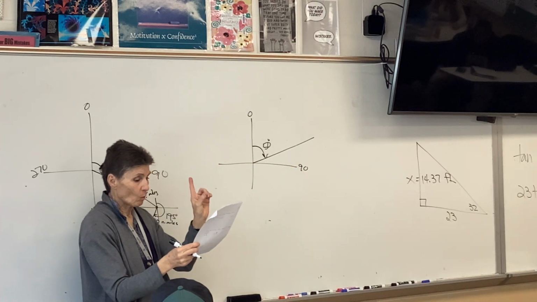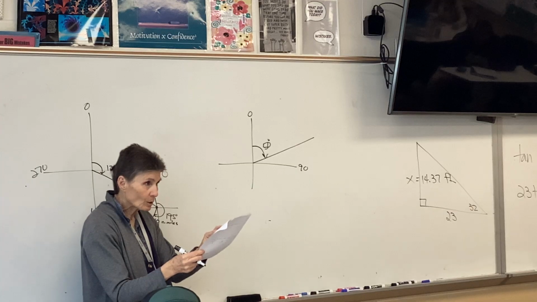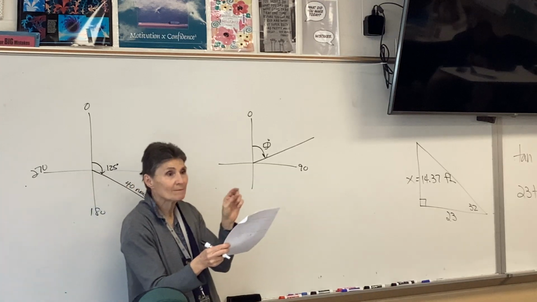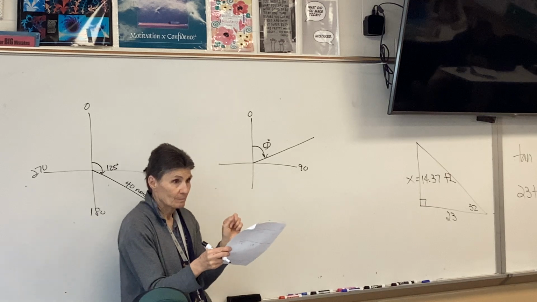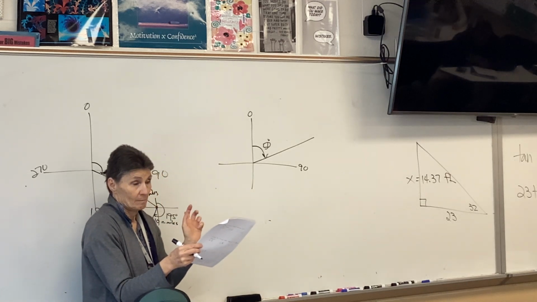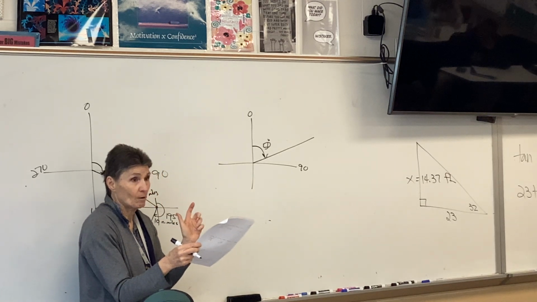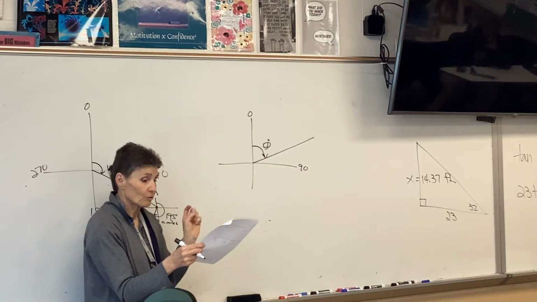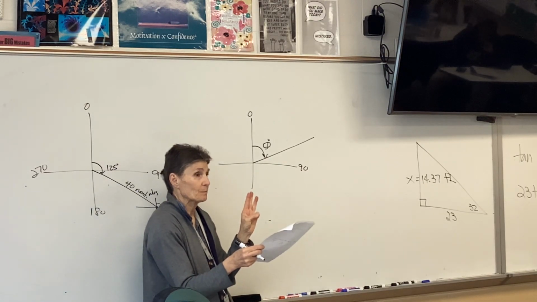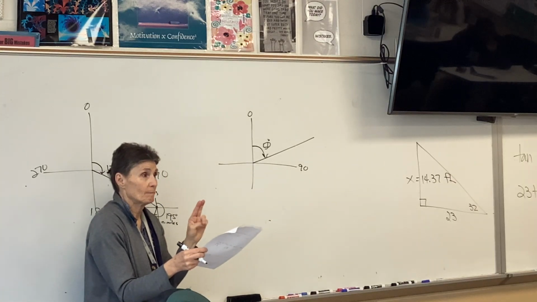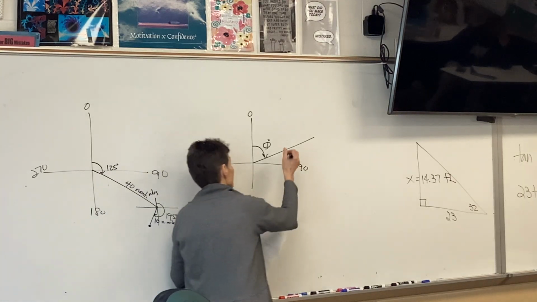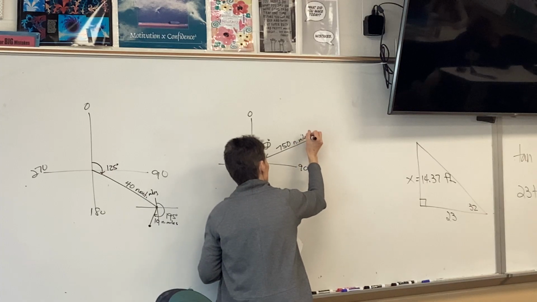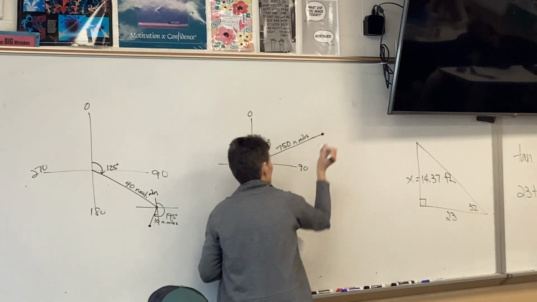He went for 3 hours at a speed of 250. How far did he go? What? No. 3 hours at a speed of 250. 3 times 2, 750. Nautical miles, okay? Now he's here.